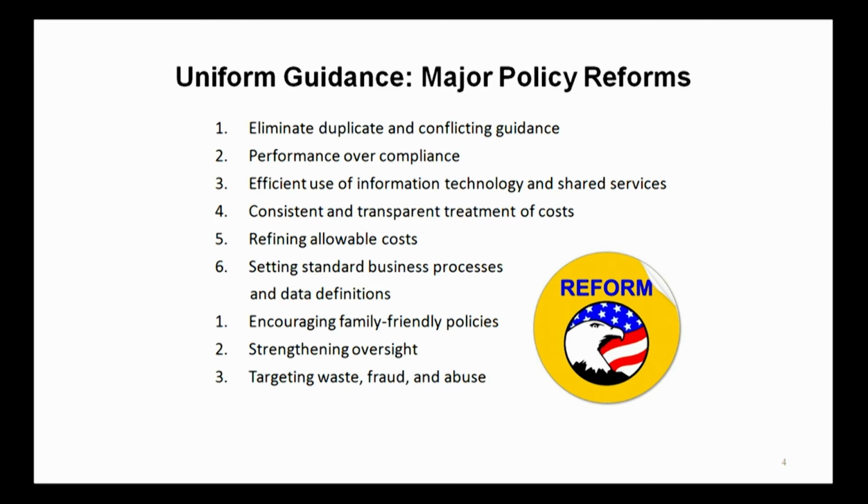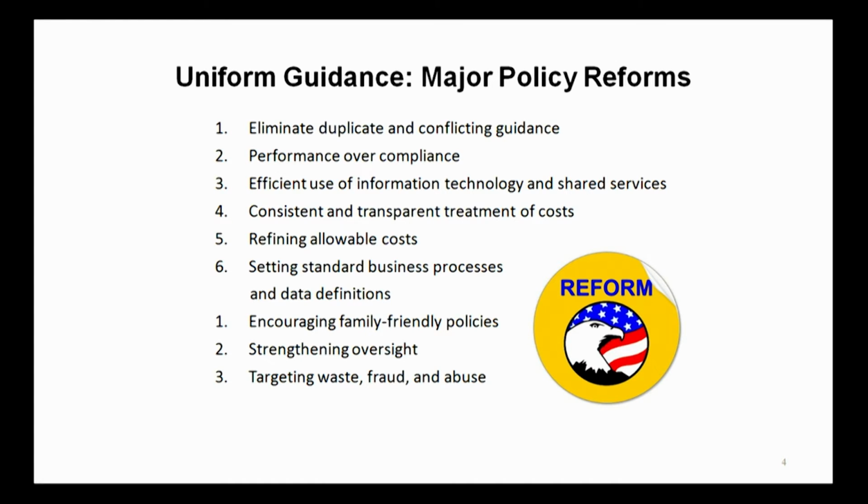That's, as an administrator, a fantastic advancement. Uniform guidance includes major policy reforms, and as such requires changes to policies, procedures, and practices. It changes existing previous guidance. It adds to previous guidance and deletes some of the previous guidance.